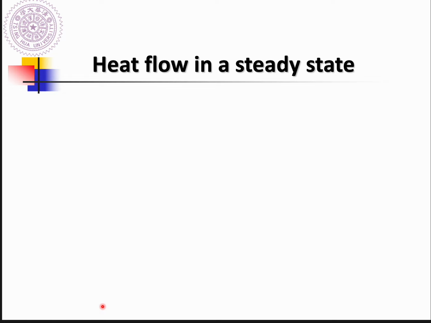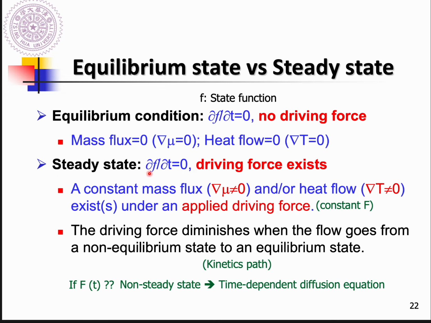So next, I'm going to give you two examples to describe the steady state, including the heat flow in steady state and the mass transport or atomic flow in a steady state, and I hope you can have a better idea about the steady state.